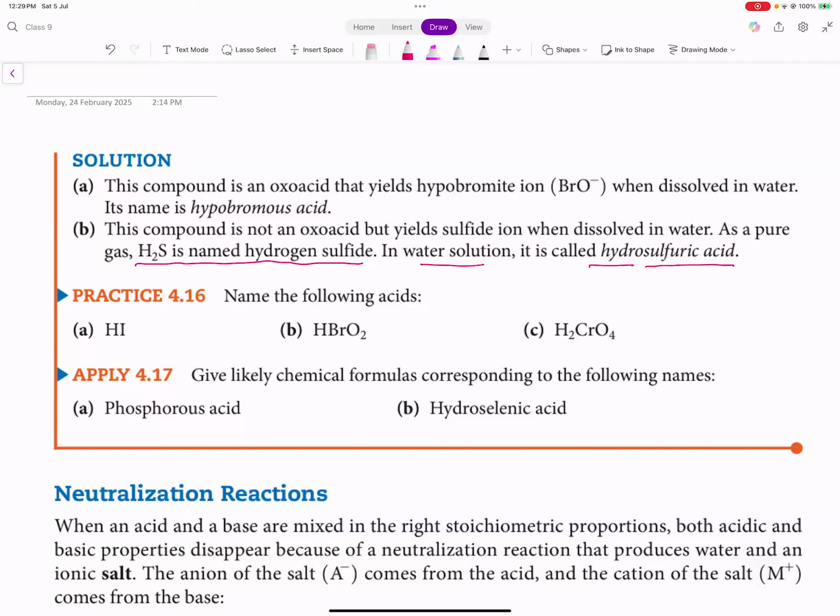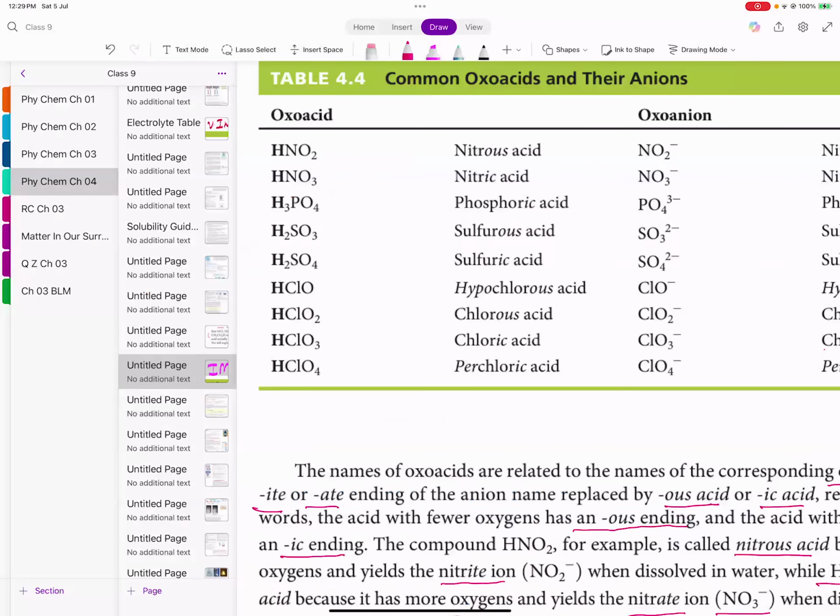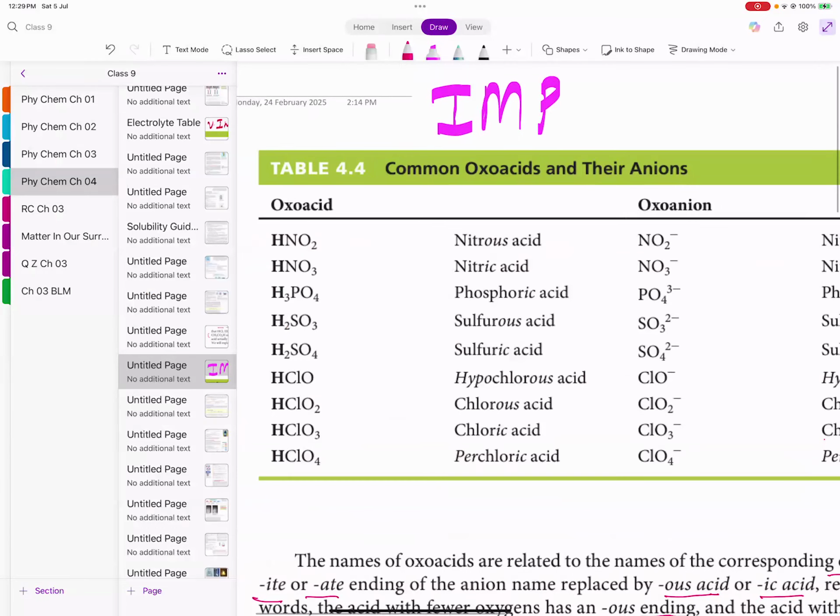So can you show where the table is? Yeah. Chapter 4.